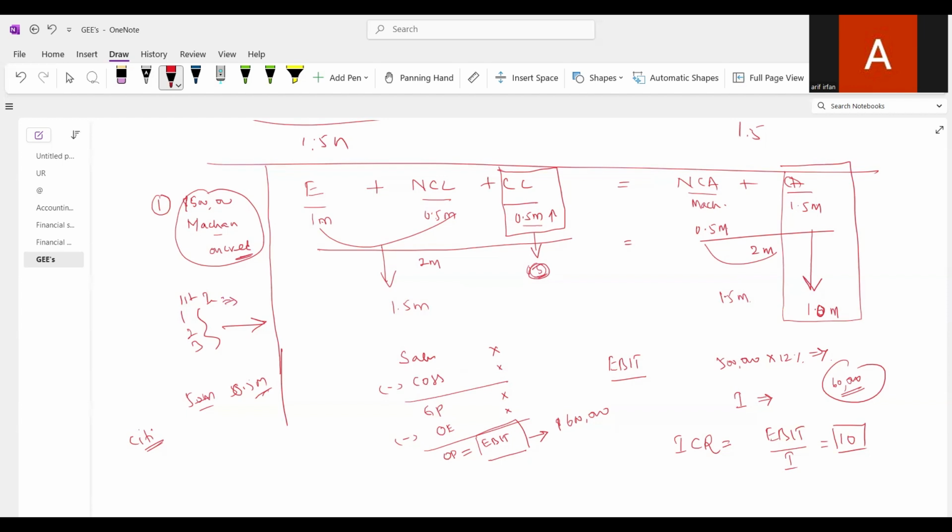Would you like to give the loan or not? If the current EBIT interest coverage ratio means the company can cover interest 10 times from the EBIT, now, if you are a banker, would you like to give or not?